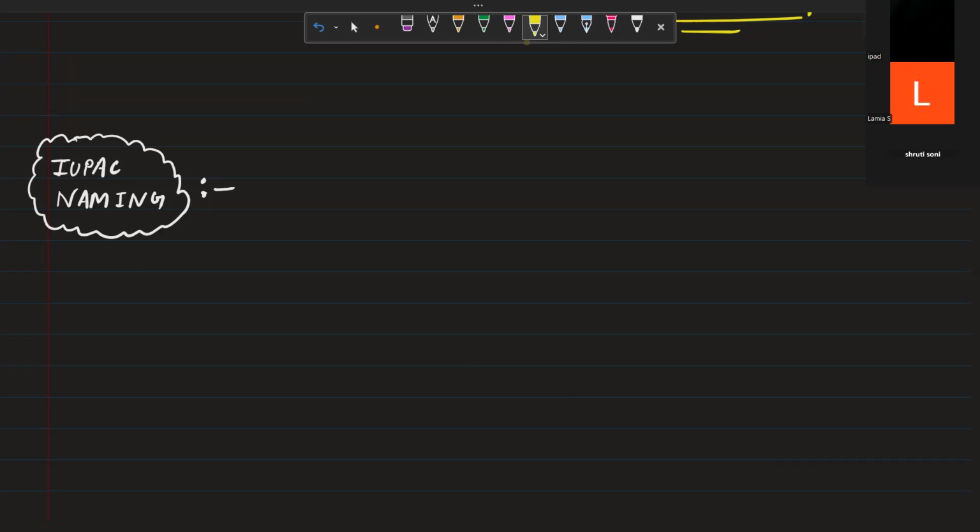The second thing is that a common name is mostly used by the scientists who discover a particular organic compound. Let's suppose I am in India and I discover an organic compound and name it on the basis of my name, Shruti.